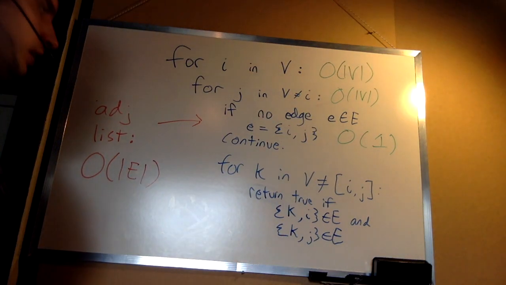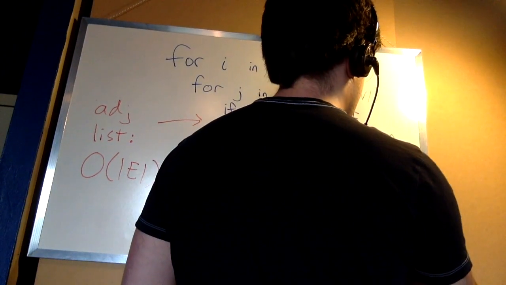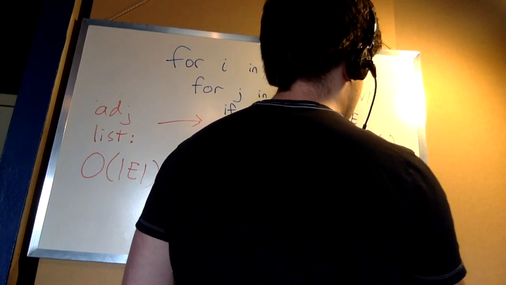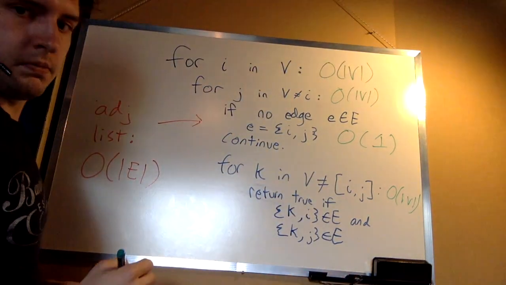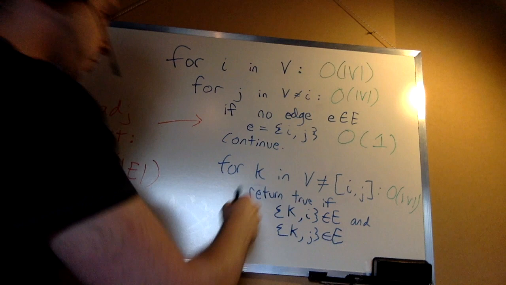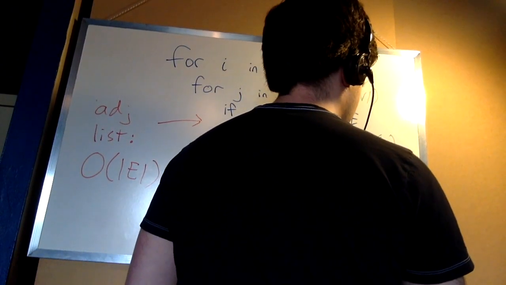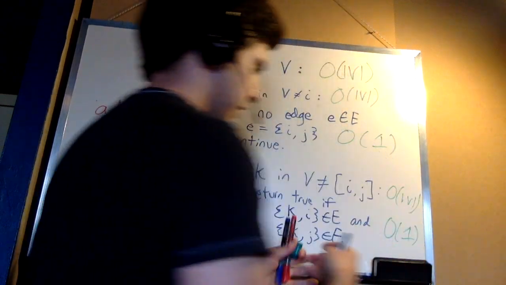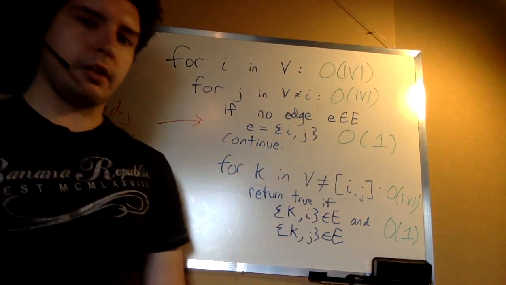Continue is obviously O of 1, and then this operation here is O of V. And then this is also O of 1, just checking if there are two edges. And the fact that it's done twice doesn't matter because that doesn't become larger with the number of inputs.